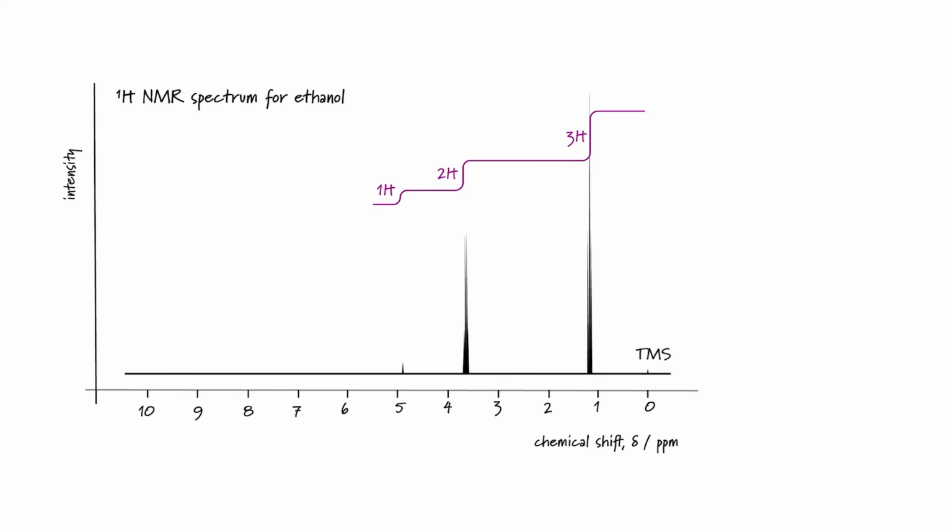So we've covered the number of peaks, we have covered the position, and the third thing on our list was the intensity. The intensity is determined by the total area under the peak, not the height, common misconception. And the intensity tells us the relative number of protons in each chemical environment.